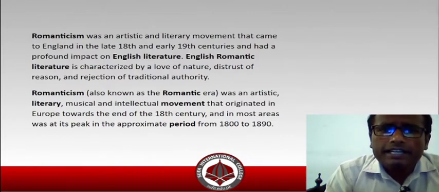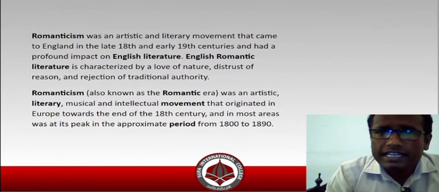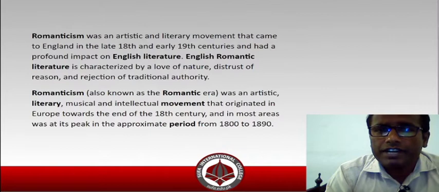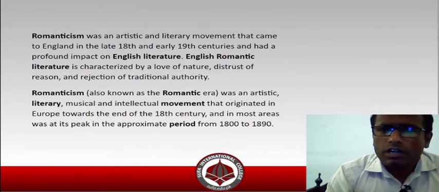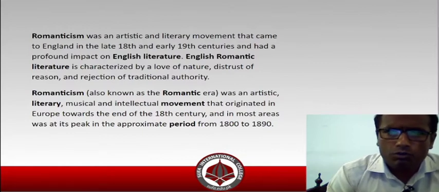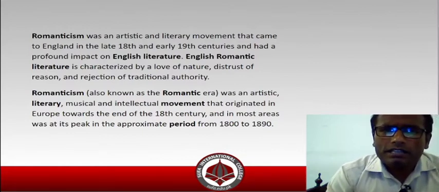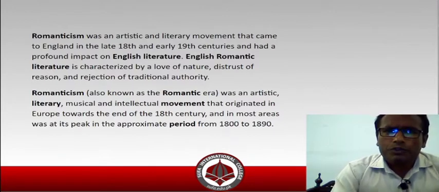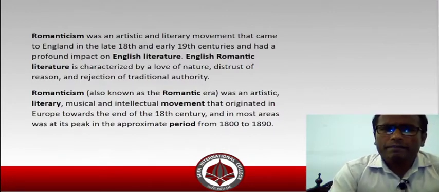English Romantic literature is characterized by a love of nature, distrust of reason, and rejection of traditional authority. Whatever the Romantics wrote, the reader can find these very strong elements in their literature.